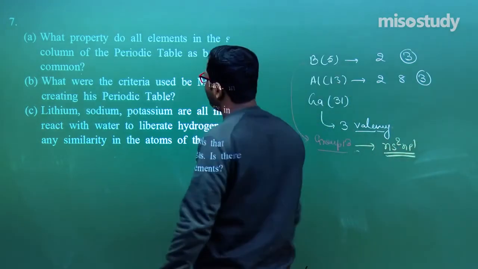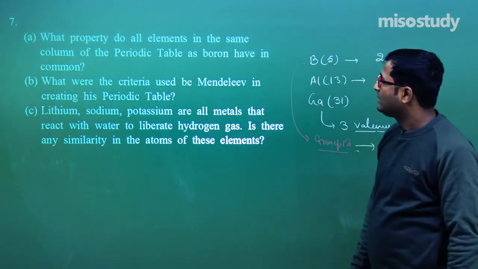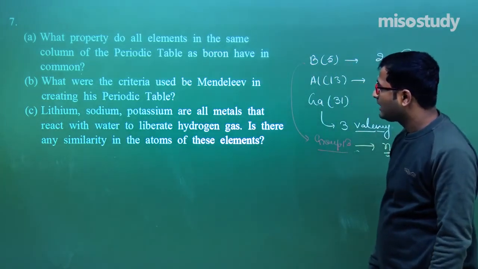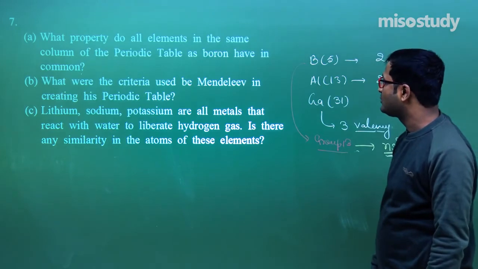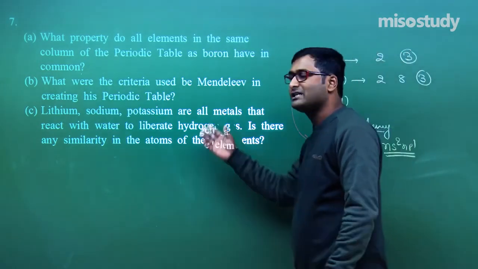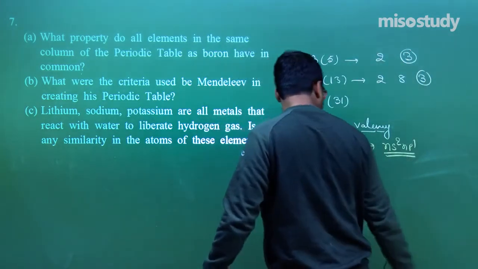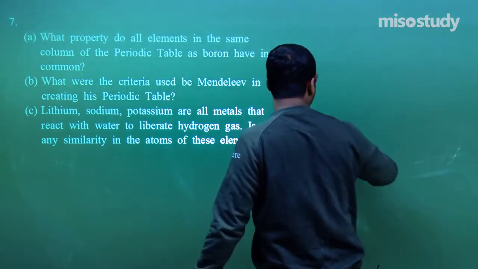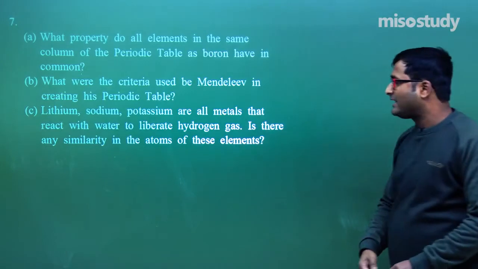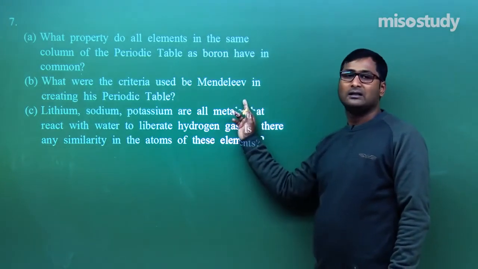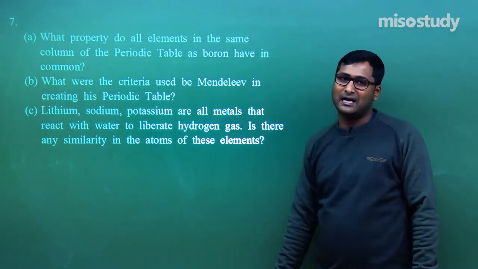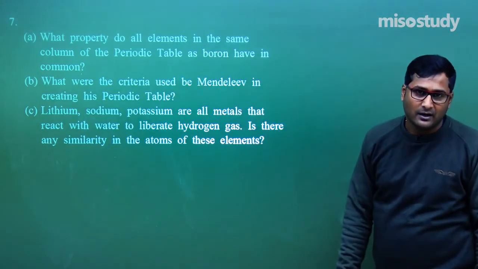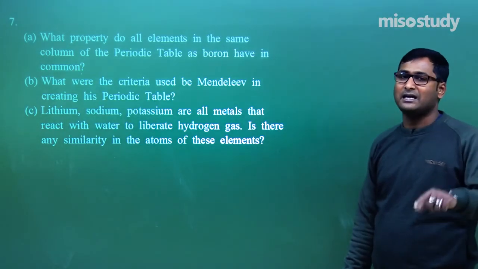This is the common property. Now what were the criteria used by Mendeleev in creating his periodic table? His periodic table was completely based on atomic mass. He stated that the properties of elements are a periodic function of their atomic mass, and he arranged the elements in order of their increasing atomic mass.